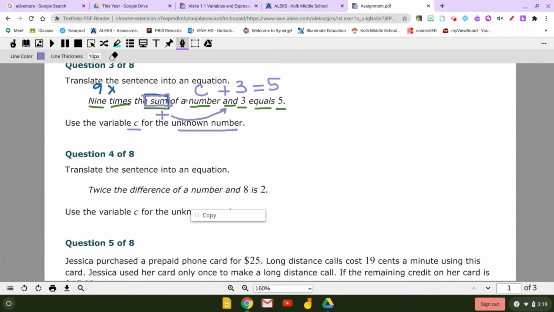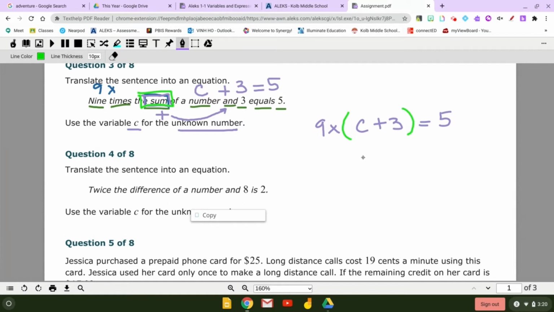All right. So if you write it like this, 9 times C plus 3 equals 5, this is almost right. When you hear the sum, which means they group together the sum of c and 3, so they want you to do c and 3 first and then times 9.